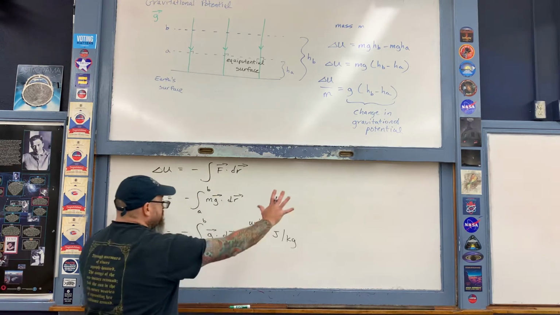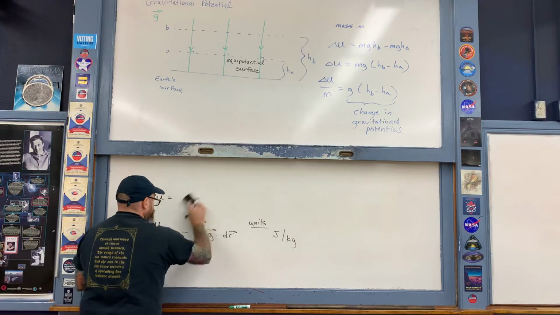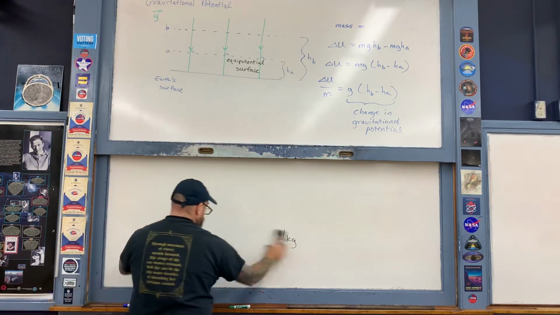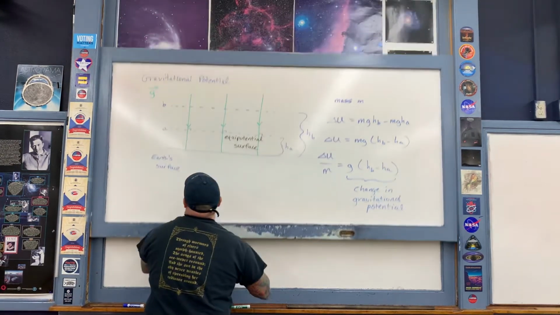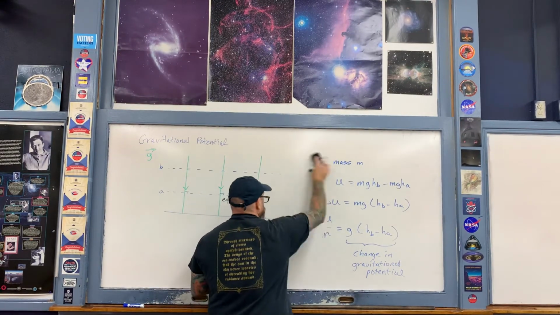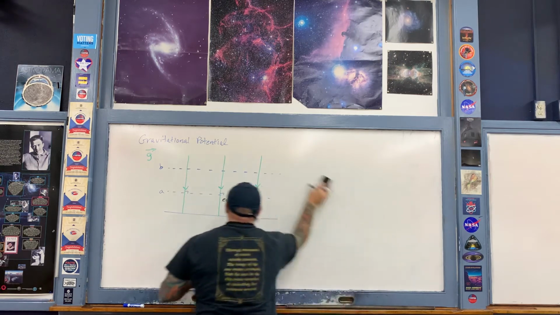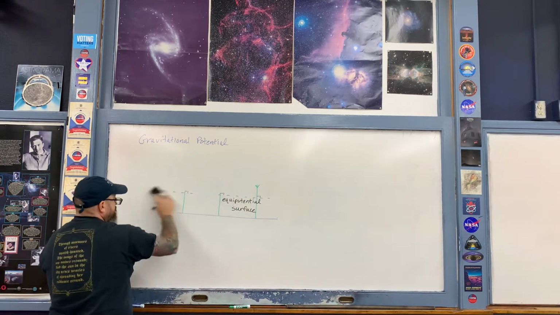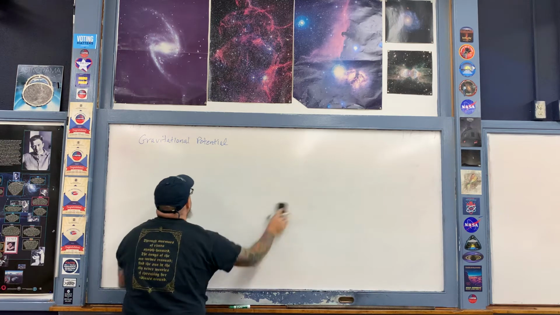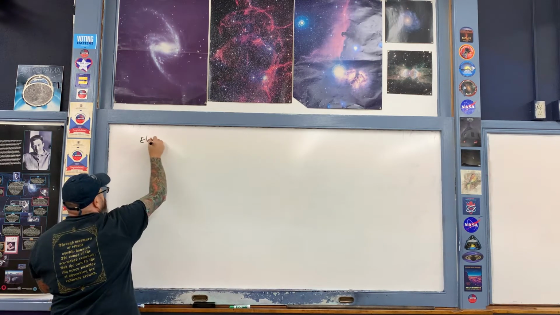Okay, so let me go ahead and erase this for gravity. I'm just going to reconstruct this diagram here in just a moment. And now let's describe it all instead in terms of electric potential.